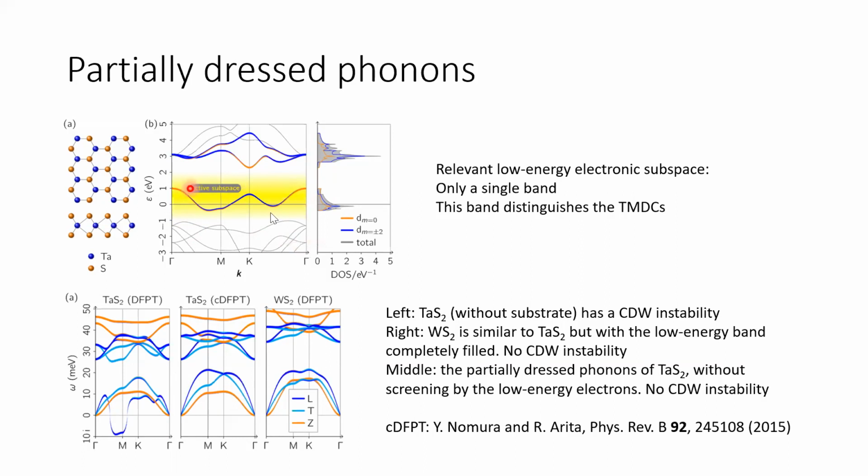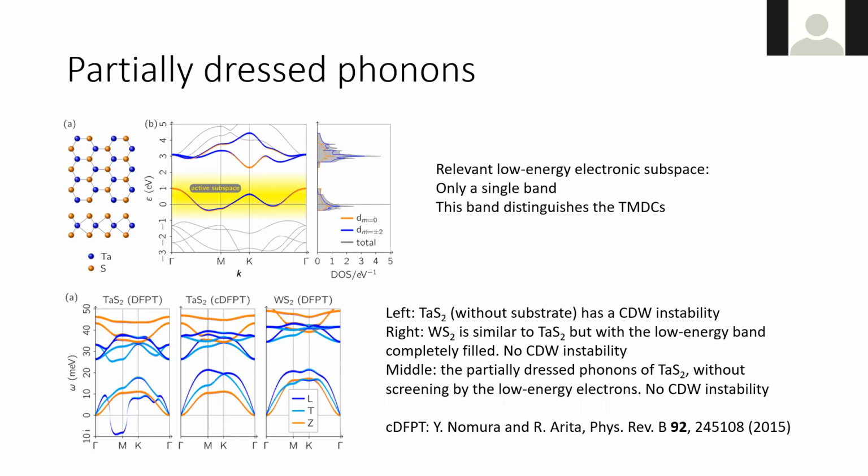So we have a theoretical description that works in two steps, or in two tiers, where we first downfold into a single band model and then calculate the phononic screening from the single band. And this is really, in this case, something that you can do exactly.